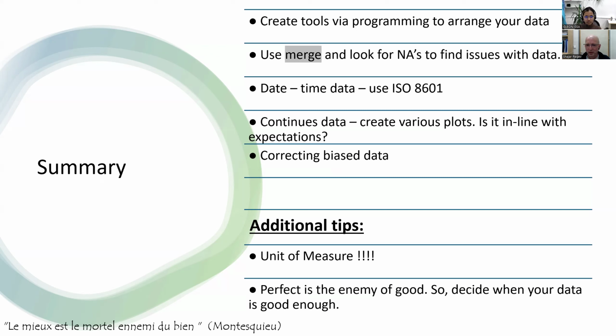For date-time data, I suggest you use the ISO 8601 format. For continuous data, we saw create plots and visualize the data and look at whether it fits your expectation. And then we saw one method of correcting biased data.